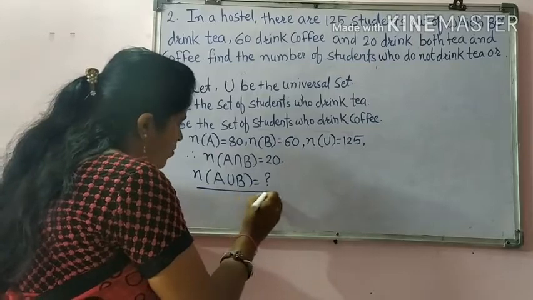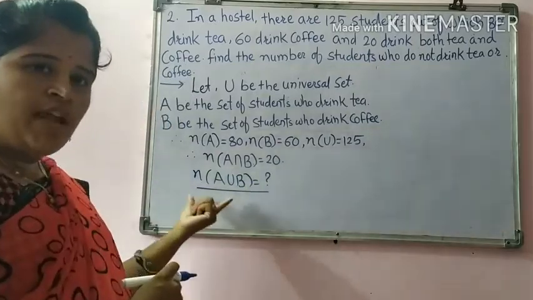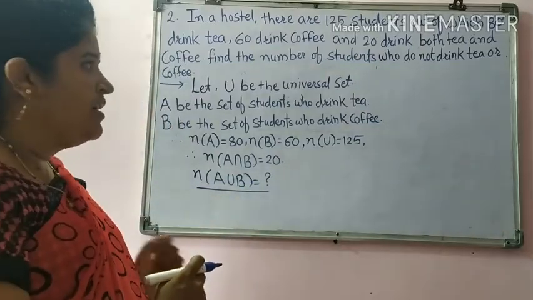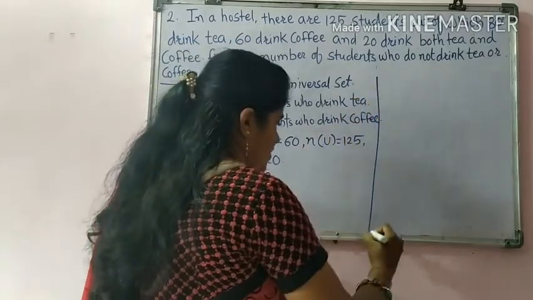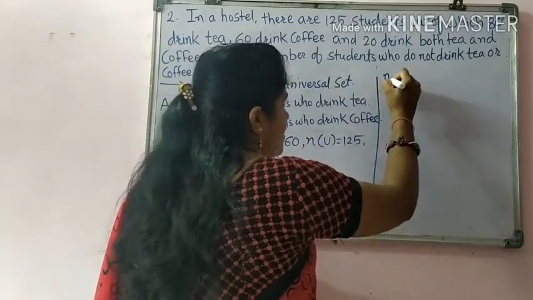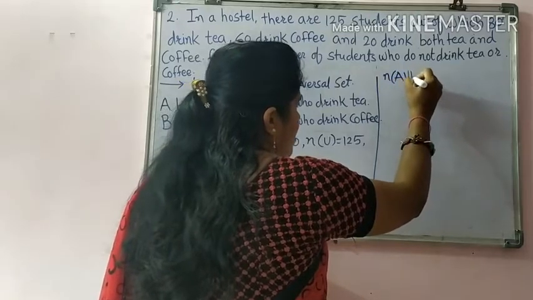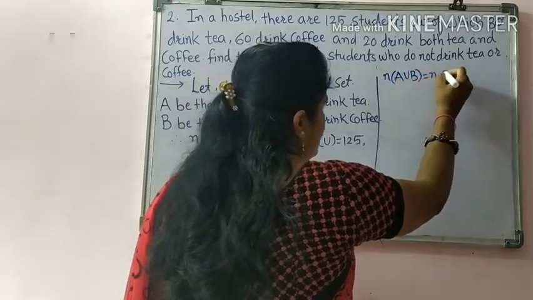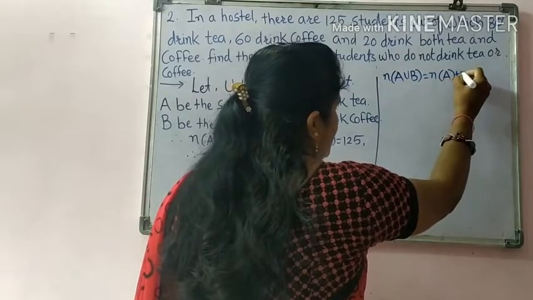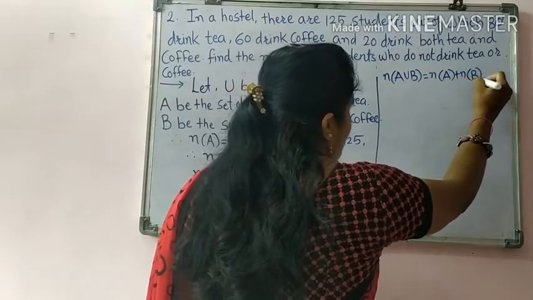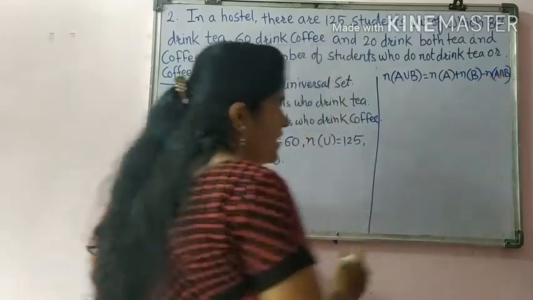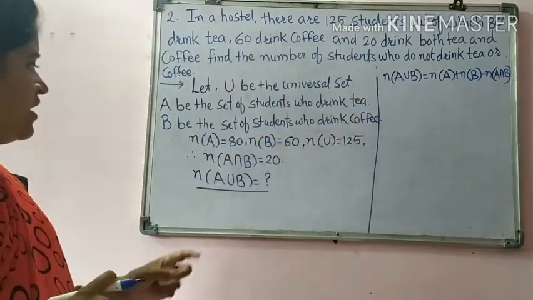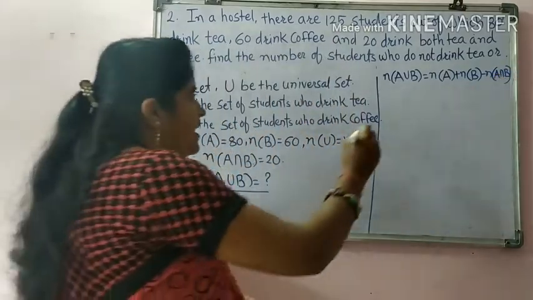First of all we have to find the number of elements of set A union B. We know that n of A union B is equal to n of A plus n of B minus n of A intersection B. Now all the elements you know. n of A is equal to 80.